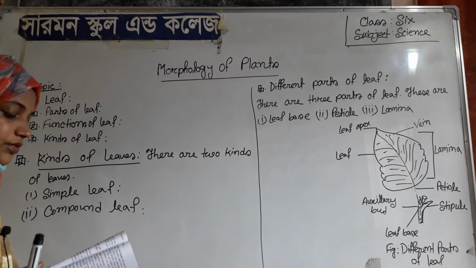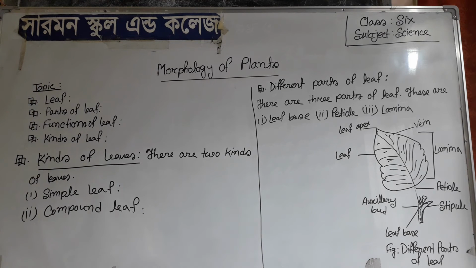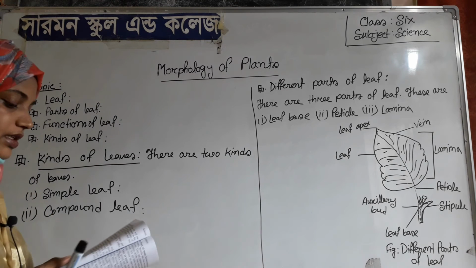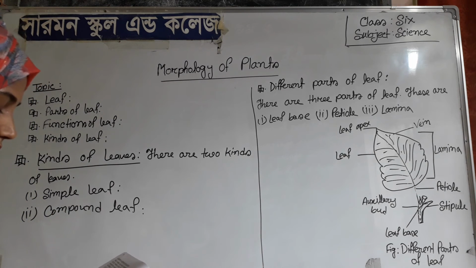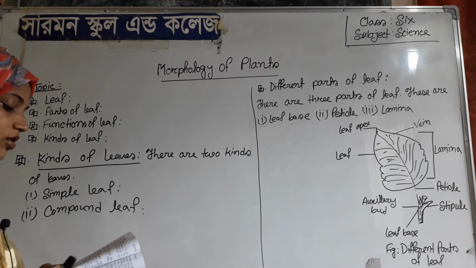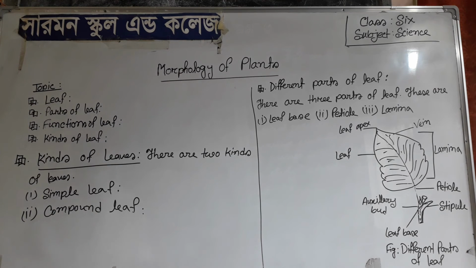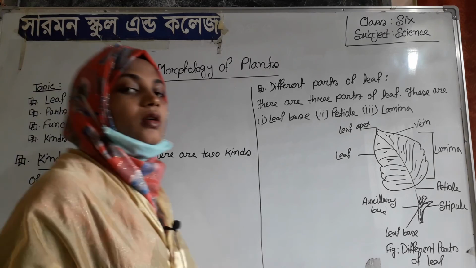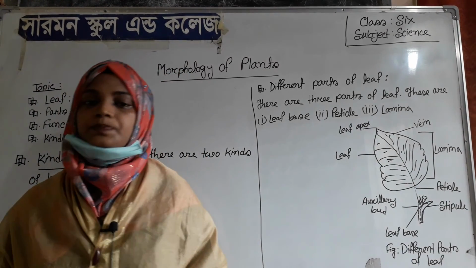The edge of a simple leaf is either totally unbroken or moderately incised. A compound leaf is divided, and the divided parts make leaflets separated from one another. The branch-like structure bearing the leaflets is called the rachis or axis. Compound leaves have two types: pinnate compound leaf and palmate compound leaf.